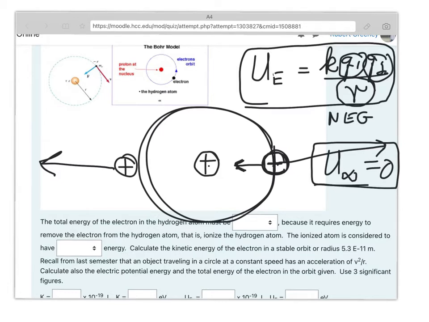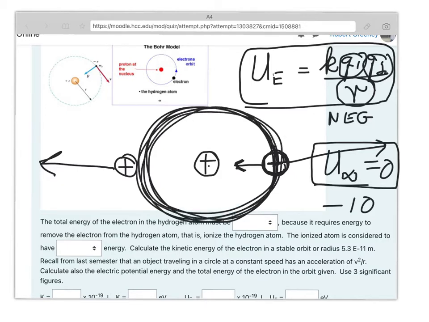So we'll calculate it later, but let's say it's a negative 10. That's the amount of energy it would take to ionize the hydrogen atom if the electron were stationary, but it's moving, right? So it has kinetic energy. So it already has some of this 10 units of energy that we need to remove it.